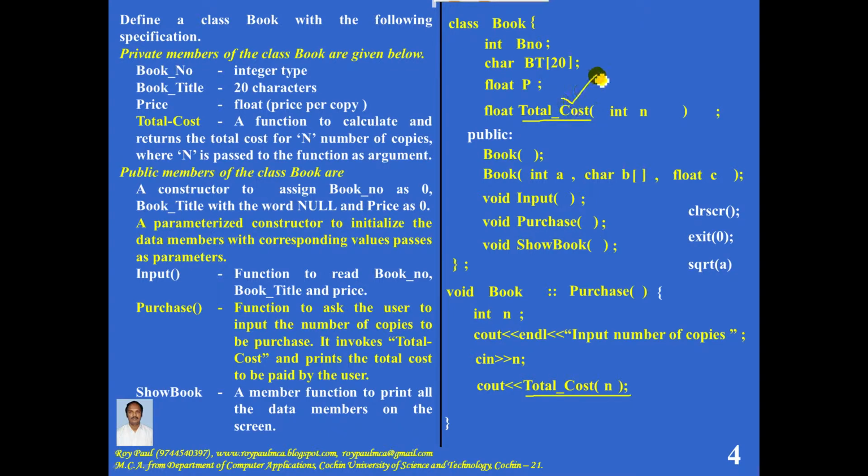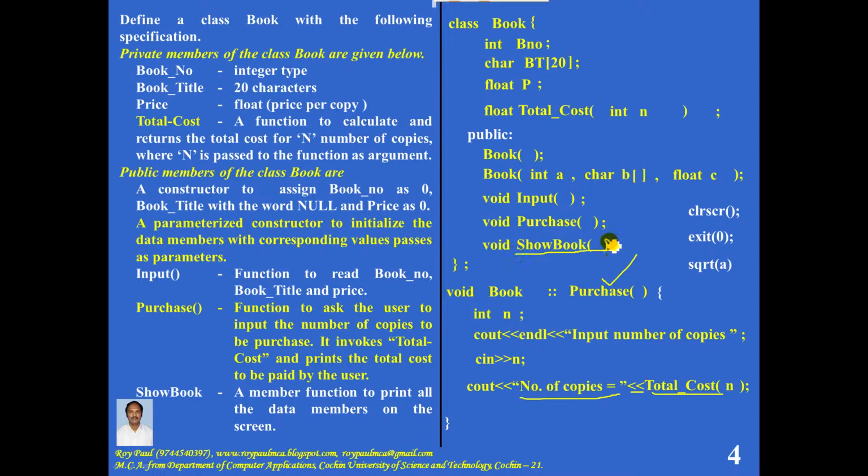So finally control will come here, and this returns total cost as the answer. So suppose the total cost is 99, that 99 will come here, and because of cout output operator, 99 is displayed on the computer's monitor. So anyway, print means cout output operator. Now if you want, you can have a message like this: number of copies is equal to output operator, this one. So one more function defined outside the class.